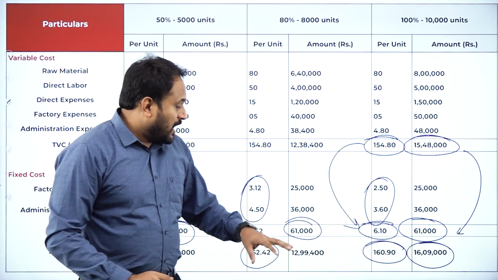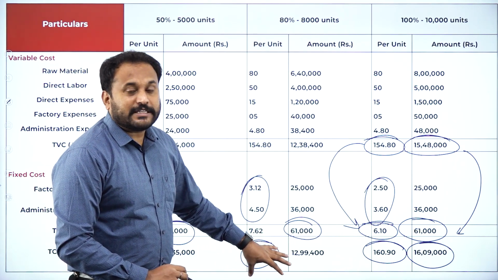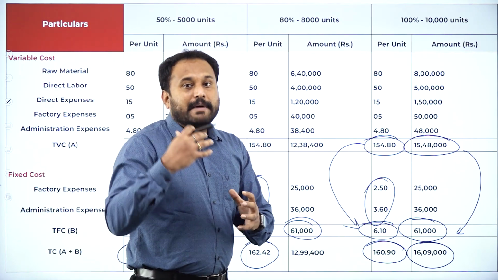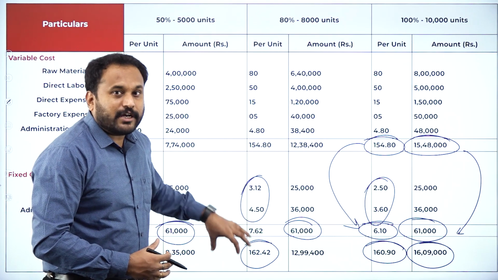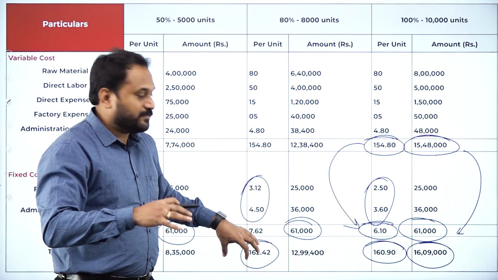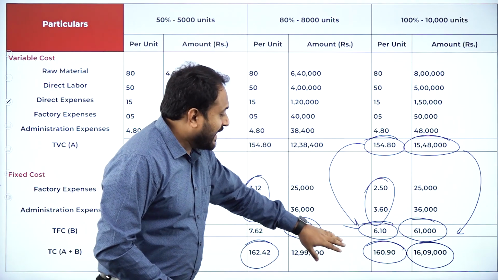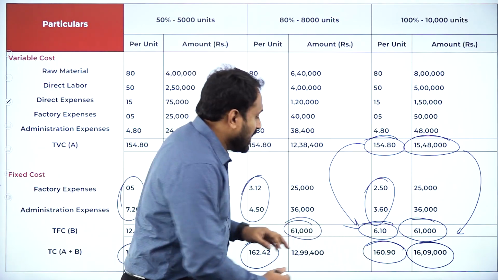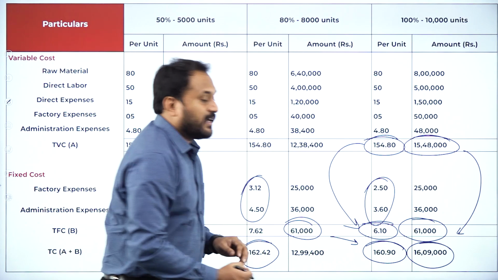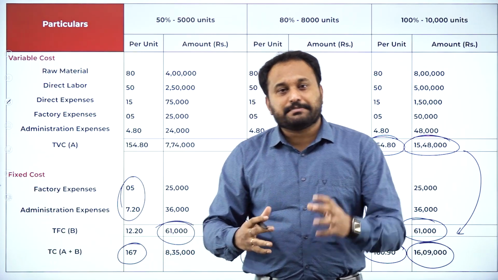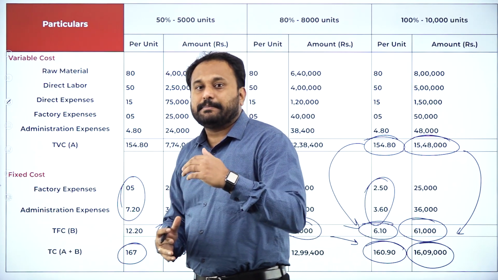What exactly is the difference? The more I manufacture, my total cost per unit is reduced. And lastly, if I manufacture 100%, my total cost per unit is 160.90. The more I manufacture, my total cost per unit is reduced.